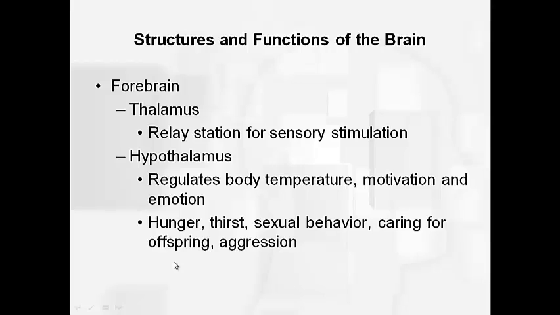Hunger, thirst, for example, sexual behavior, caring for offspring, and aggression are all functions mediated by the hypothalamus. As we will see later, the hypothalamus is also responsible for the functioning of the hormonal system in our body.